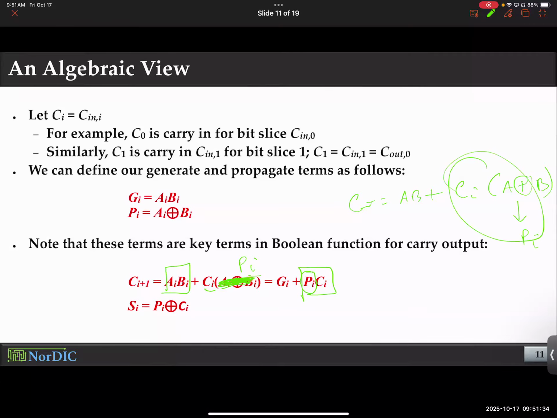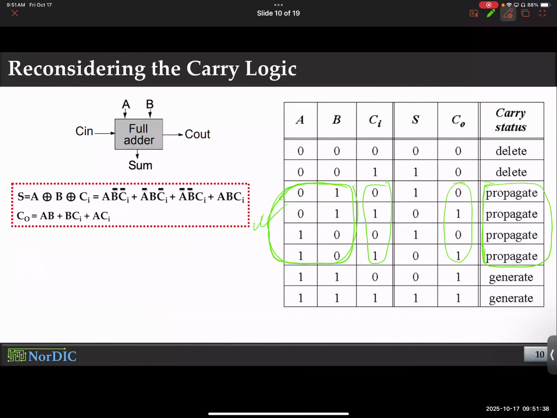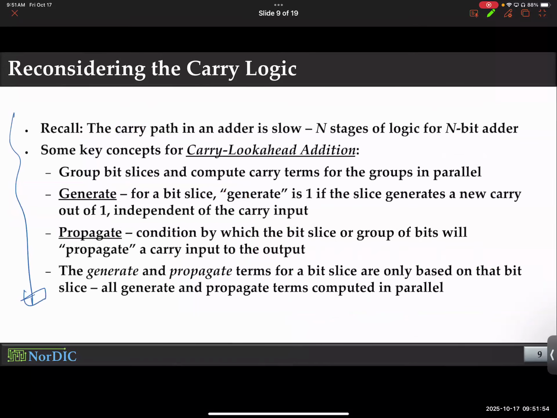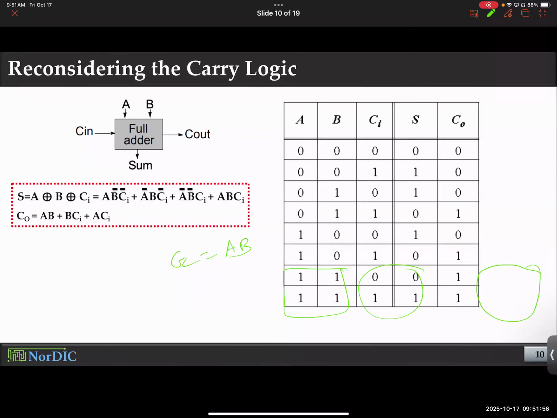So essentially, you are left with AB. And AB is this portion, generate. So we define generate as AB. Just define it in a way that describes the observation in your truth table. Again, this is a stretch kind of. So people somehow try to relate to the observation in a mathematical way.